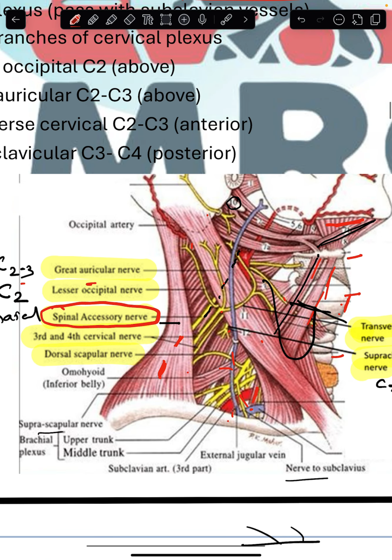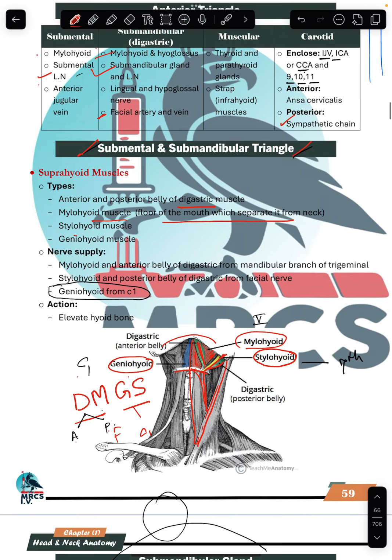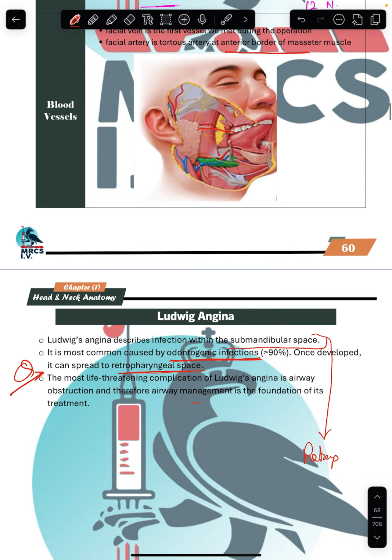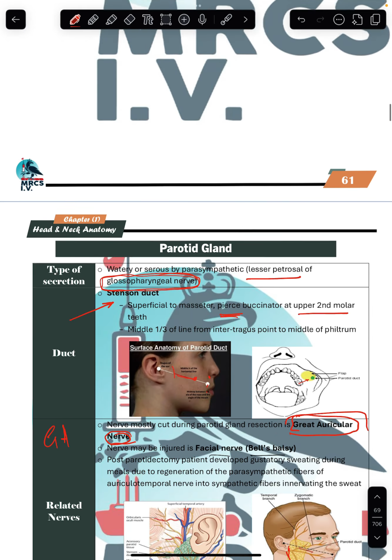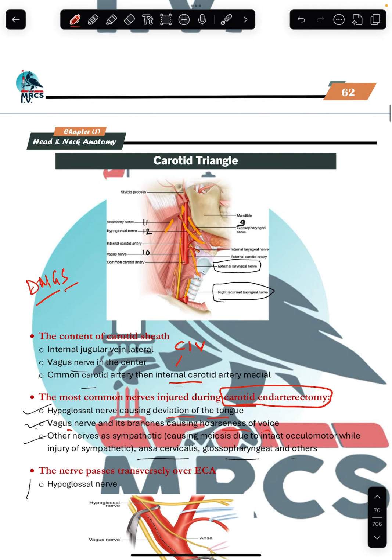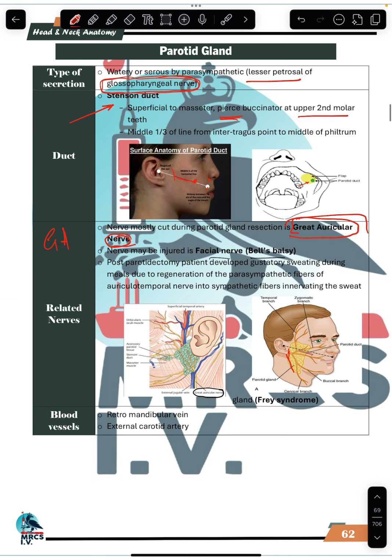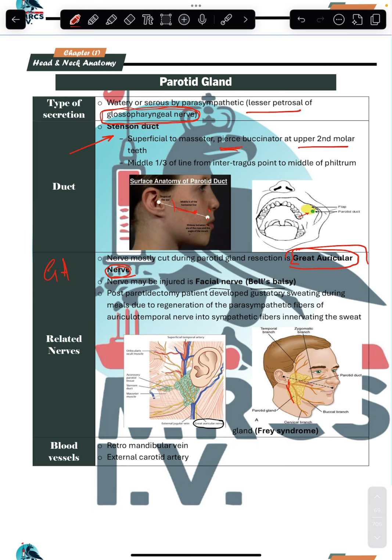This is going towards the parotid gland. So it is very superficial. So in any surgery of the parotid gland, you damage the greater auricular nerve. This is the question most commonly asked.